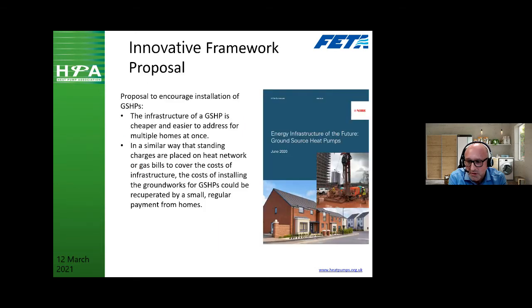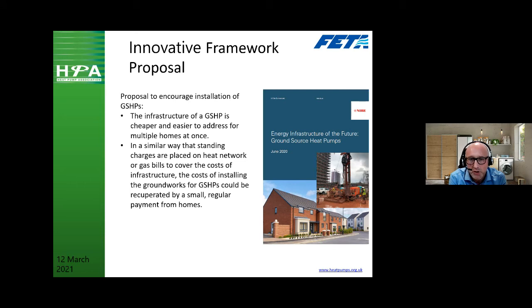So there are innovative ways of funding that, and what we say within the Heat Pump Association is taking the infrastructure and thinking of it as infrastructure, just like gas mains, just like electricity, just like telecommunications, just like drains.